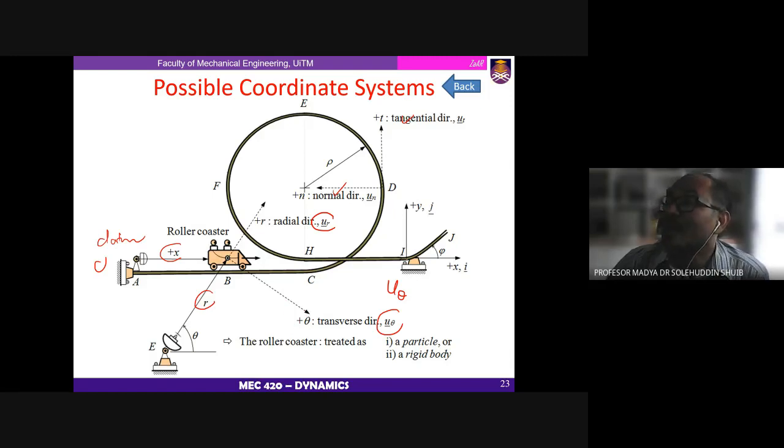And then go back again. We have here positive x and positive y. This is an example of a roller coaster. So we can apply different types of coordinate system.